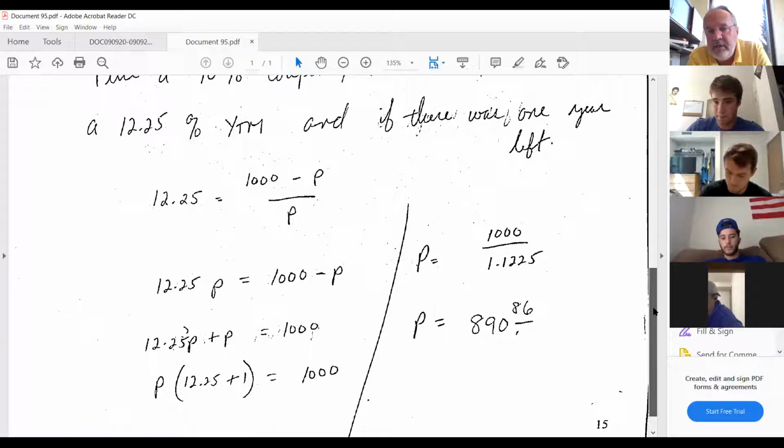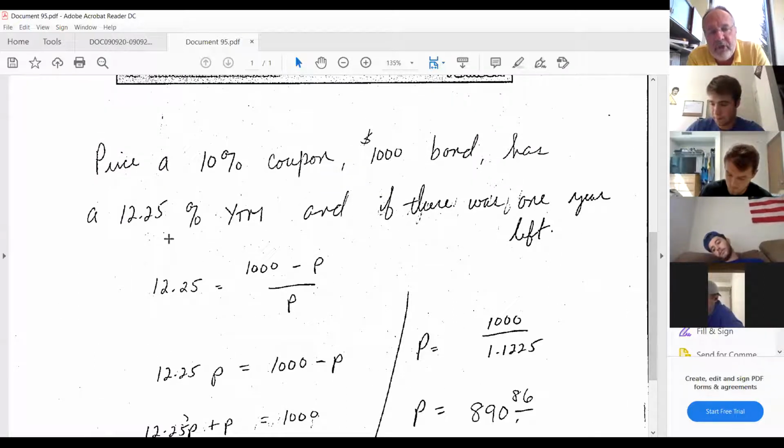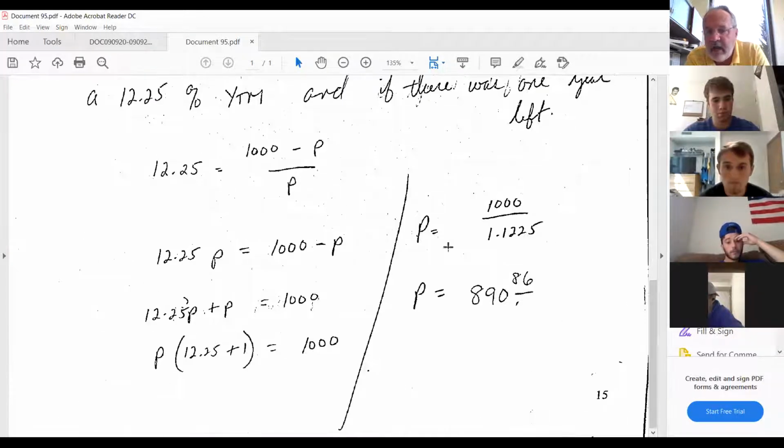Now, my question is, does that make sense to you? Because the yield to maturity on this bond is greater than the coupon rate. In other words, that bond must cost less than $1,000, right? In order to make up the difference.